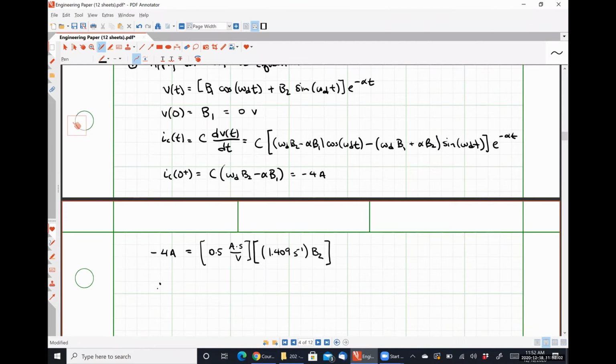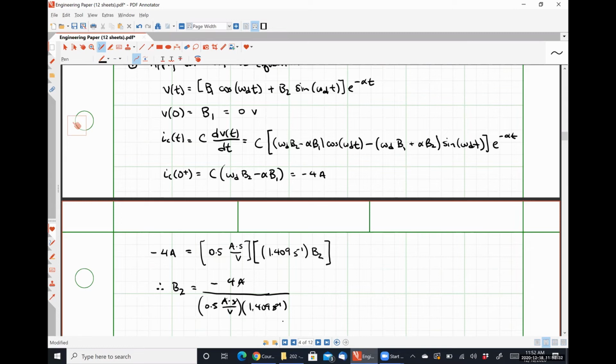So we can solve this. B2 is going to be -4 amps divided by 0.5 amp seconds per volt times 1.409 per second. So this amps cancels that amps, and this second multiplied by per second cancels. So we have 1 over 1 over volts, which gives us units of volts.